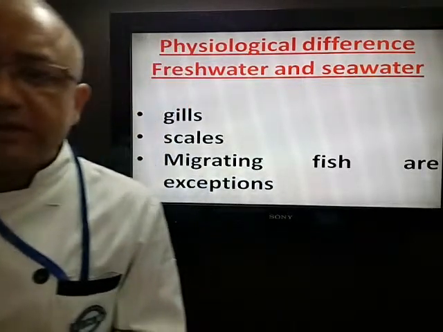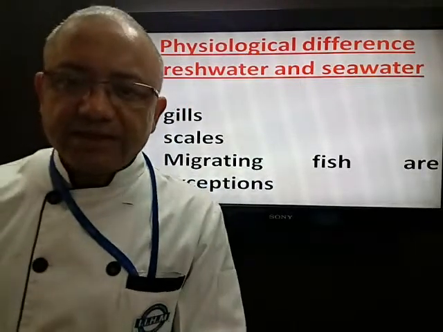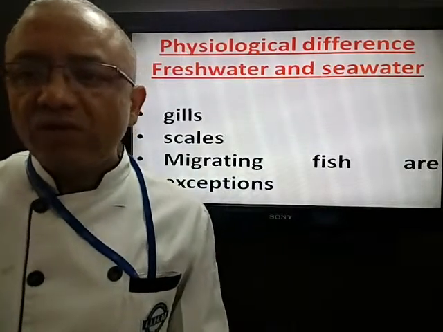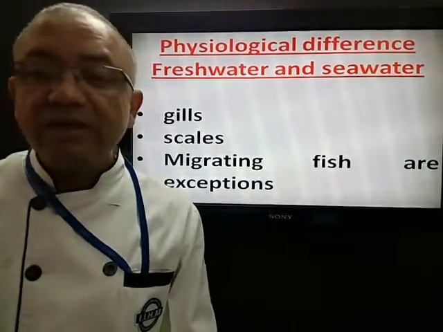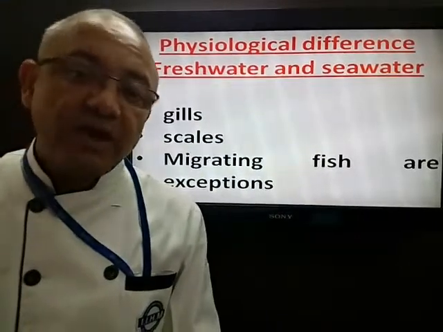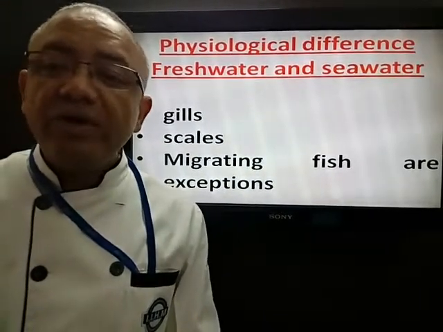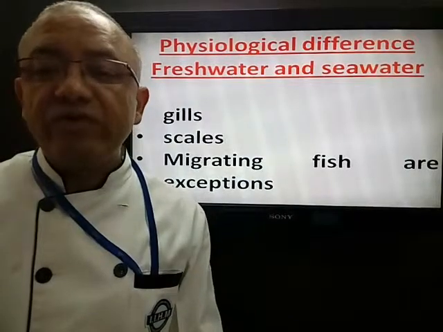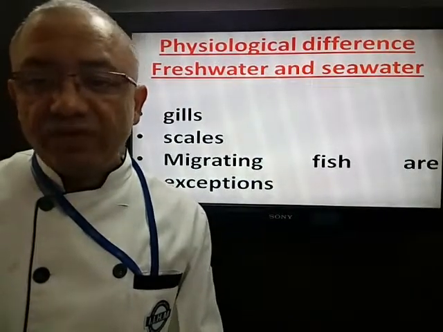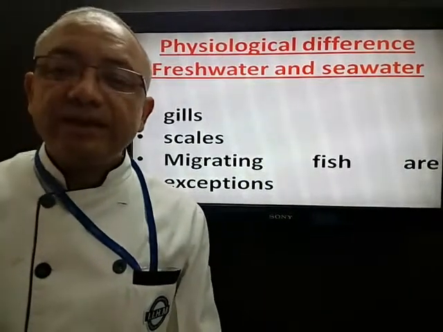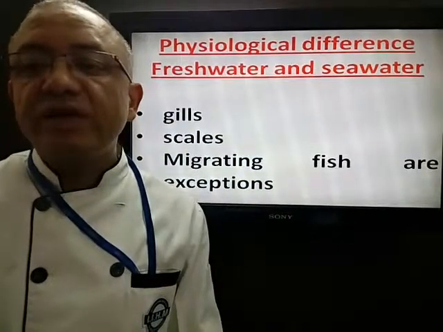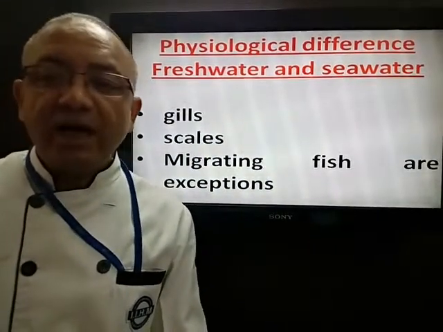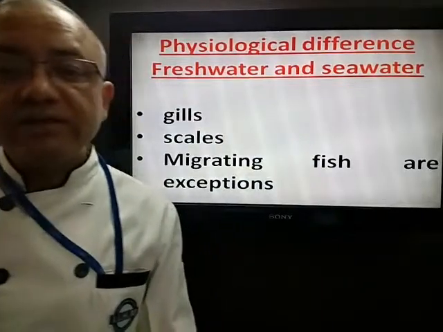So first, we talk about the gills. Now the freshwater fish differ physiologically from the saltwater fish, and it differs in several respects. Their gills are able to diffuse the dissolved gases while keeping the salt in the body fluids inside. So if you understand it, the gills are there which will diffuse, means mix up the dissolved gases, and the salt will be inside the body.